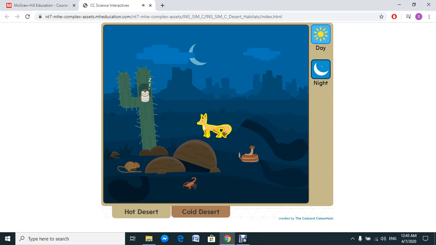The same for the fox. So animals that were sleeping during the day will wake up during the night and look for their food. Now that's it for the hot desert.